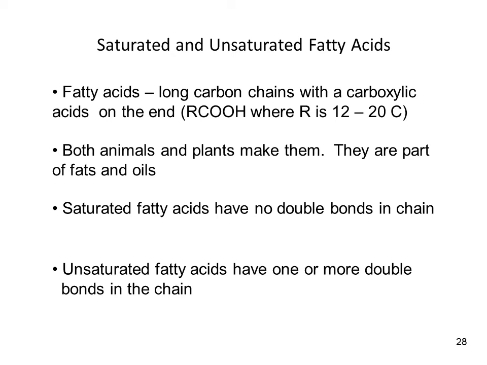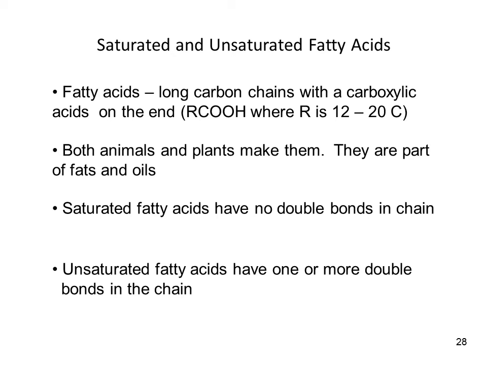Now, when we have a fatty acid that has no double bonds in the chain other than where the carboxylic acid is, we call it a saturated fatty acid because all the carbons have as many hydrogens as possible on them.